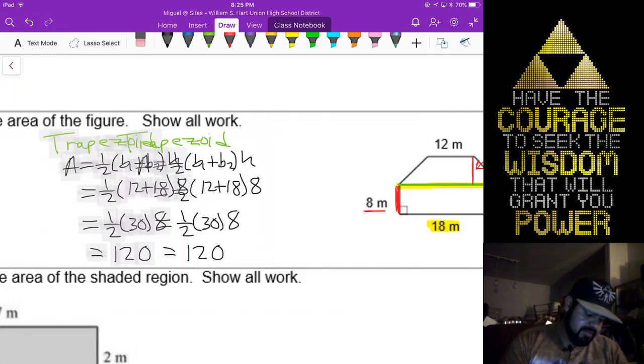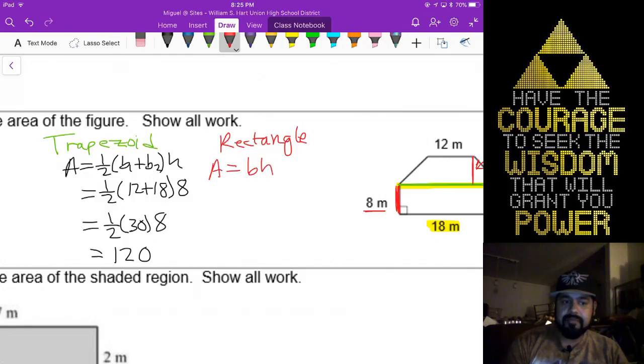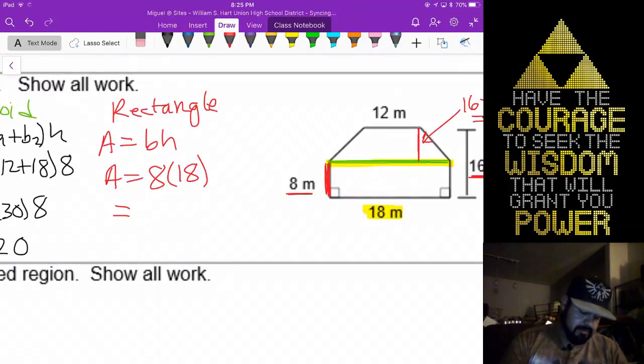So what I'm going to do is I'm going to do the rectangle. And we know that that's just going to be base times height. So then my area will be 8 times 18, which I believe is 144.